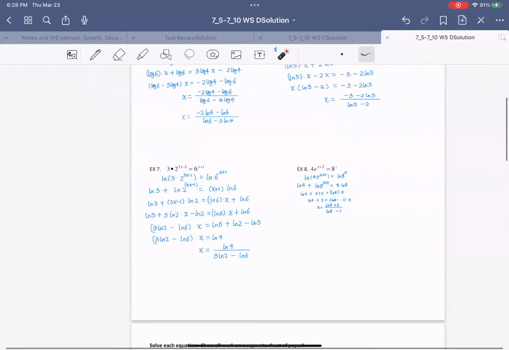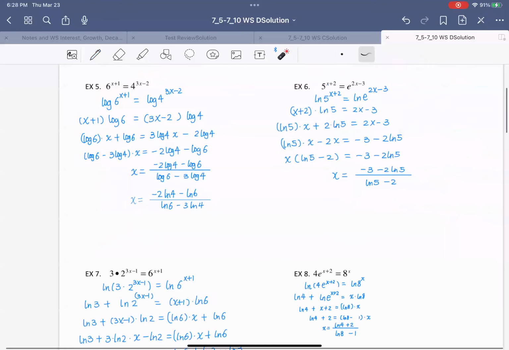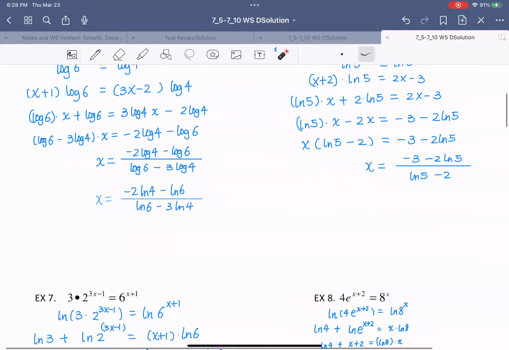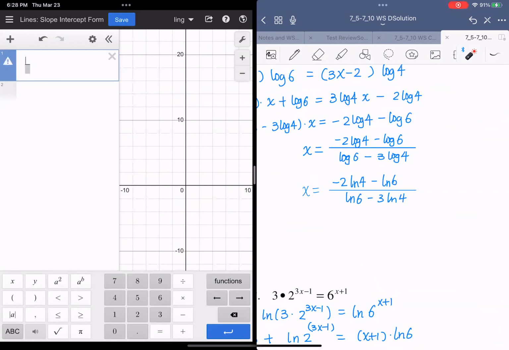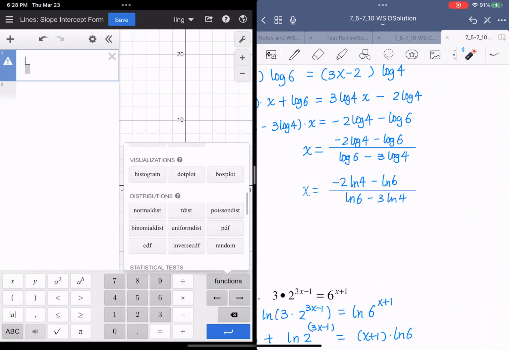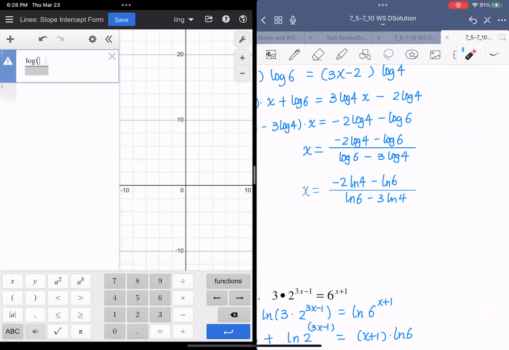Last class, I talked about the base change rule. We can figure out why these two expressions, even though they look so different, are the same. First, let's check over here. For the first one, I will use log base 10. If you don't have any number there, that means log base 10.